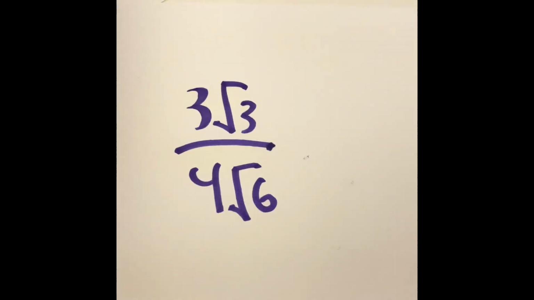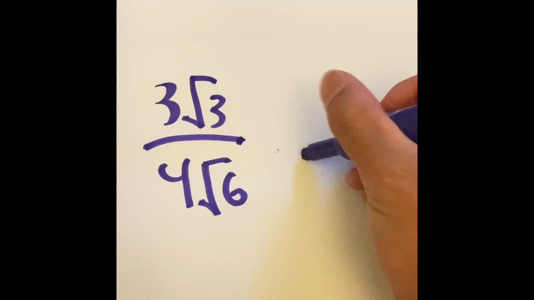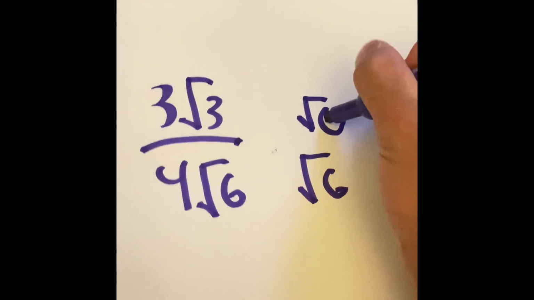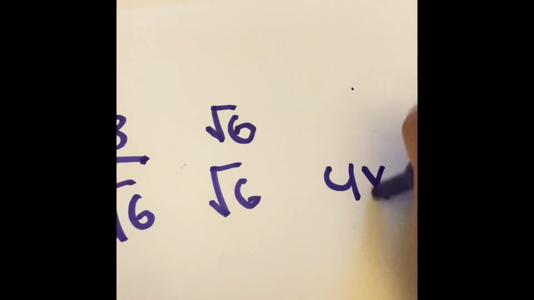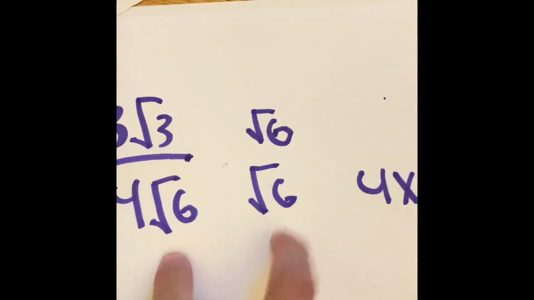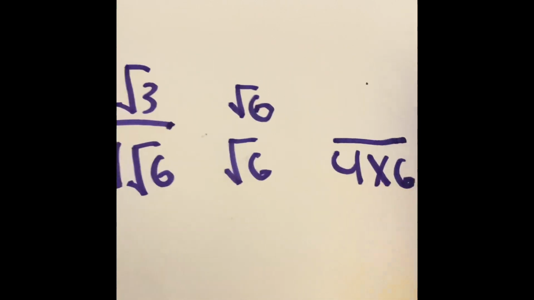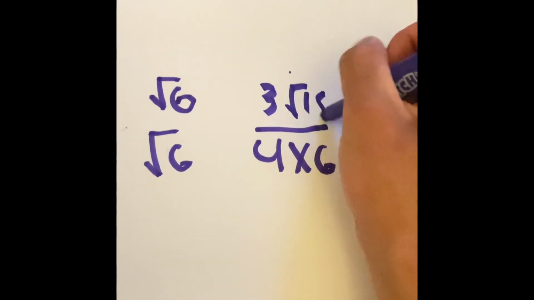What really matters is the denominator. So why don't we multiply everything by the square root of 6? When you do that, you get 4 times 6 in the denominator, since the two square roots of 6 become 6. And we have 3 times the square root of 18 on top.